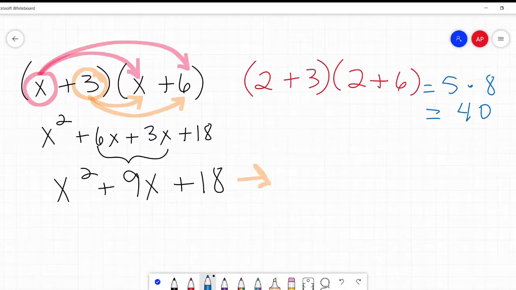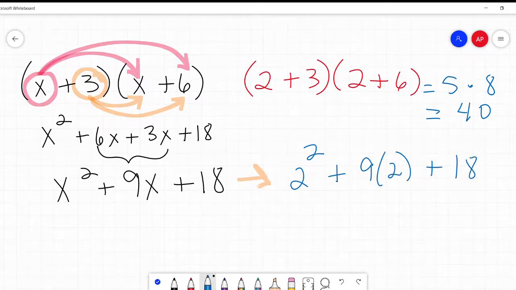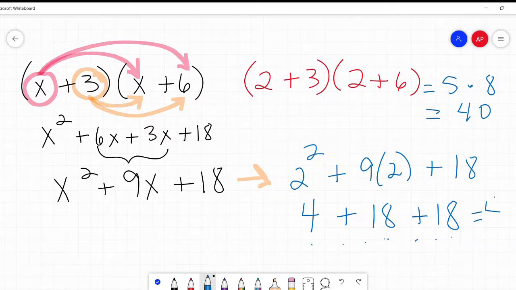So 2 is x. 2 squared plus 9 times 2 plus 18. 2 squared is 4. 9 times 2 is 18. 4 plus 18 is 22. 22 plus 18 is 40. There you go. There's your proof. And any number this would work with. I just picked 2, but any number this will work with.